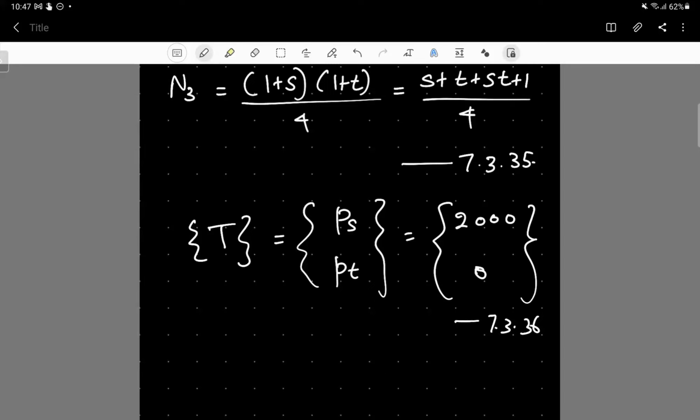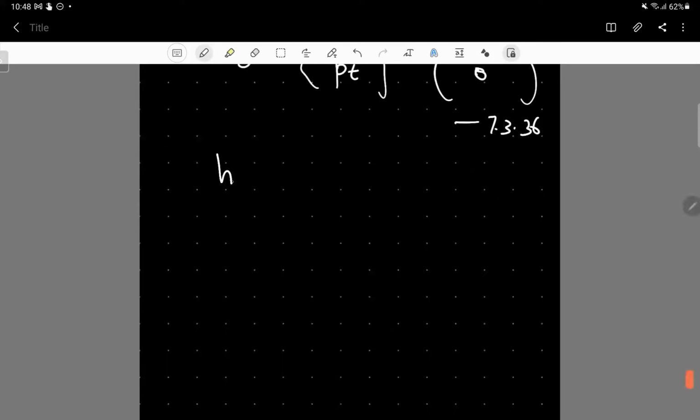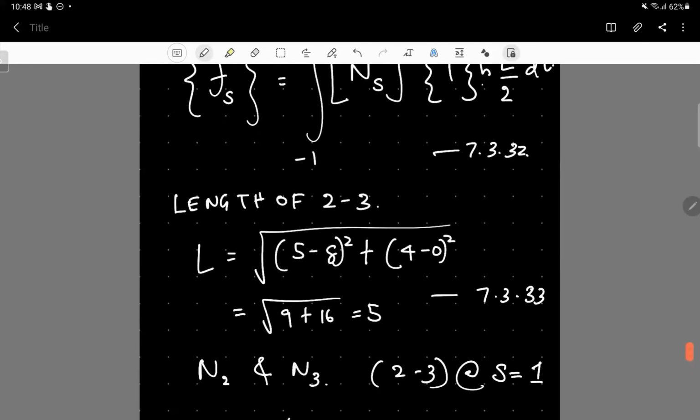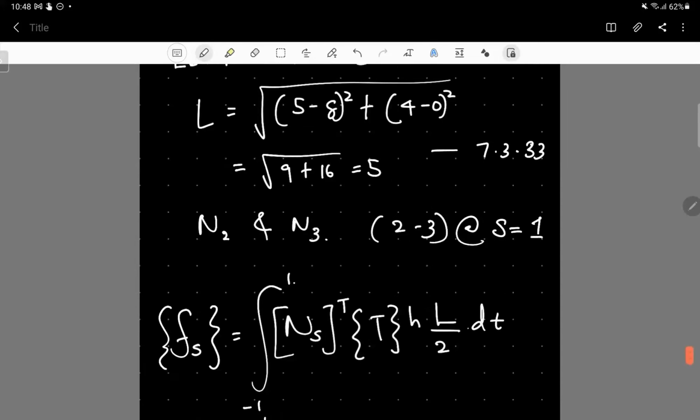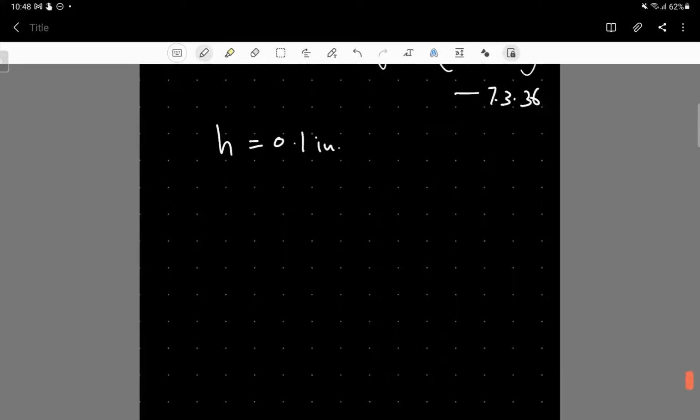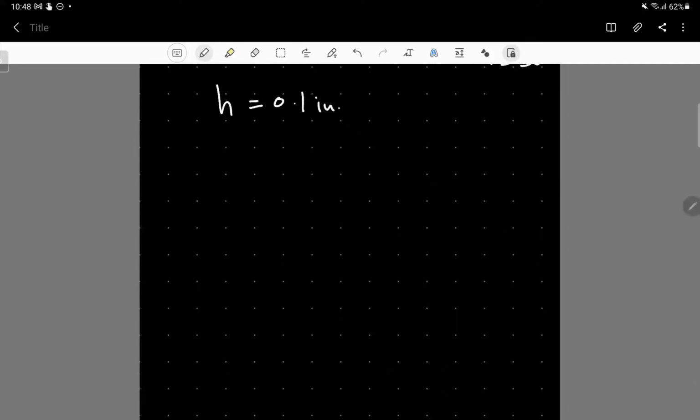By substituting these values, the surface traction forces can be obtained if we assume the thickness of the plate to be 0.1 inches. Then what I do is simply substitute the values into equation 7.3.32.